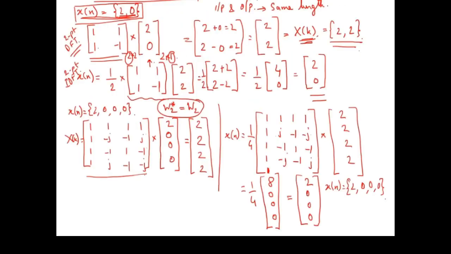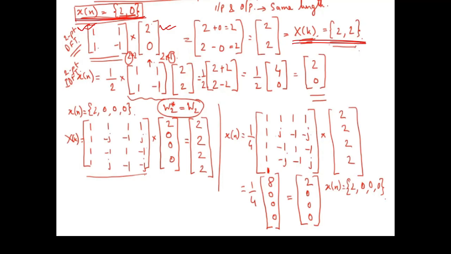Now coming to the 2-point, 4-point, 6-point and 8-point DFT. Suppose we are having a signal x of n equals 2 0. So we have the total factor matrix. Then we have 2 0. Solve it. We get the frequency component as X of k equals 2 2.